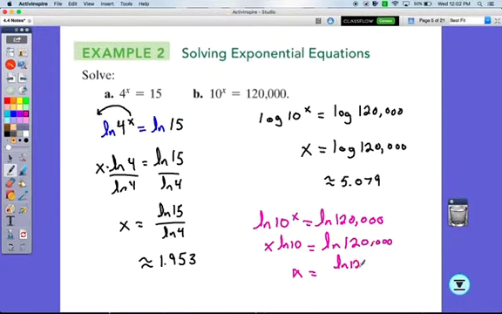And so the natural log of 120,000 divided by the natural log of 10 is going to give you exactly the same decimal as a log of 120,000. It's just easier if the base is 10 to use the common log. All right, pause it, see if you can get the next one.